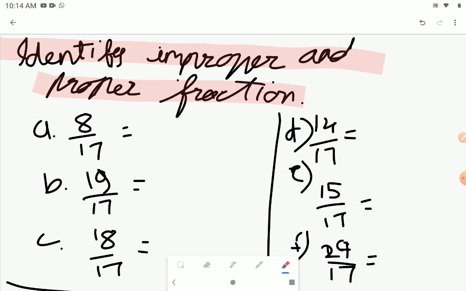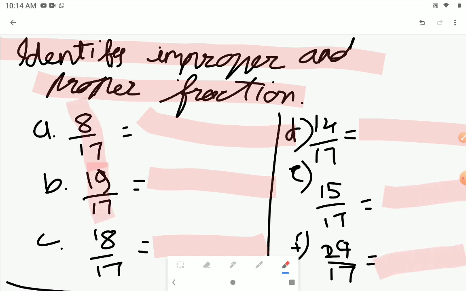It means we have to write over here, over here, over here, over here, over here, and over here whether it is improper or proper. A option, B option, C option, D option, E option, and F option.